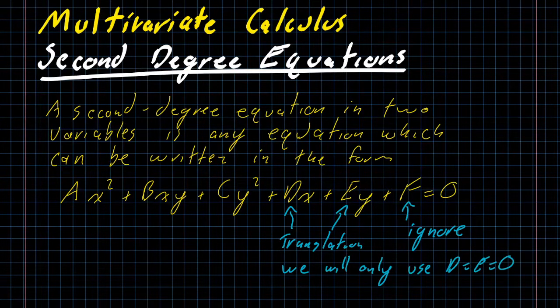But for the sake of convenience, I want to specifically look at second-degree equations whose graph is centered at the origin. So we're going to set d equal to 0, and we're going to set e equal to 0.